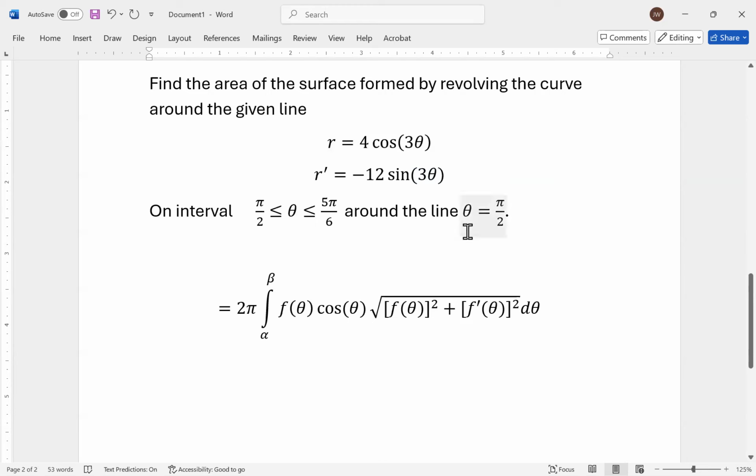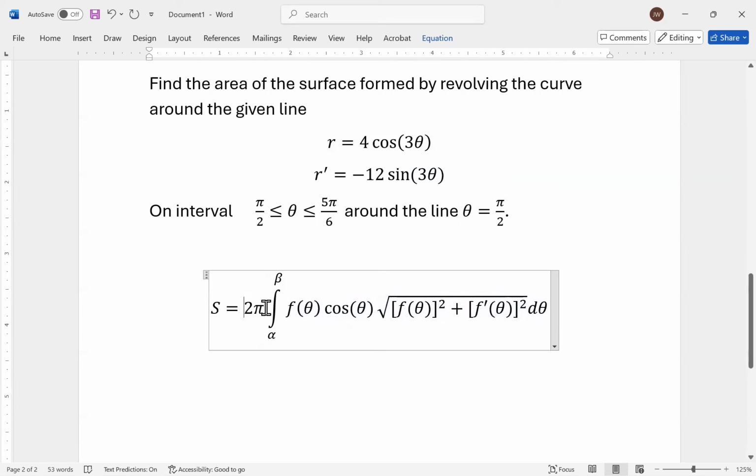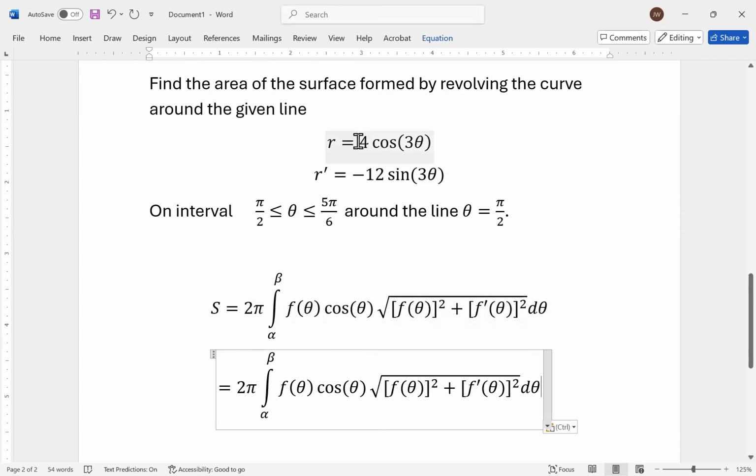Because I'm rotating around the line theta equals pi over 2, my radius is just going to be my x value, which is r times cosine theta. R here, I guess I can say that's the surface area. My r here is equal to 4 cosine of 3 theta.